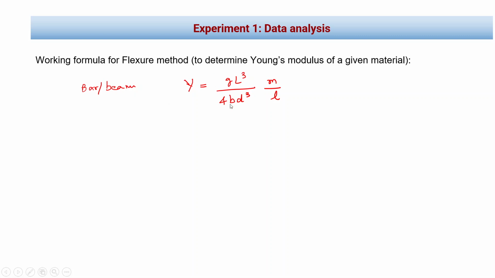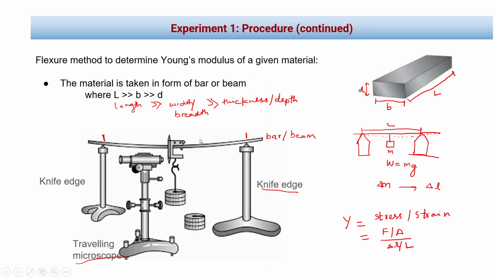Now, if I'm taking any material, the length is the same for it, the breadth of the material is the same, the depth we have measured will stay the same. What will keep on changing is the mass. So every time I'll keep on changing the mass, keep on adding.